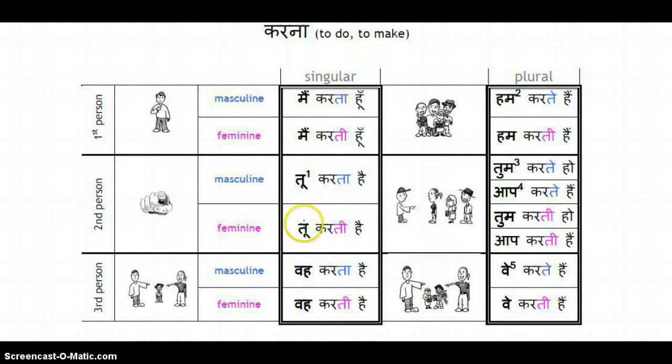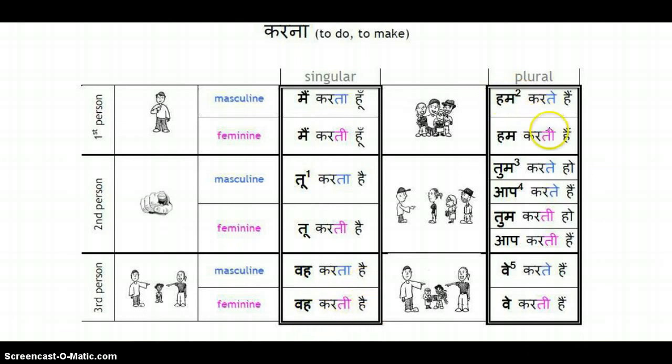Alright, so the second person masculine is तू करता है, and feminine is तू करती है, you do. Third person masculine, he does, वह करता है. Feminine, she does, वह करती है. Or you can read as वो करता है and वो करती है.